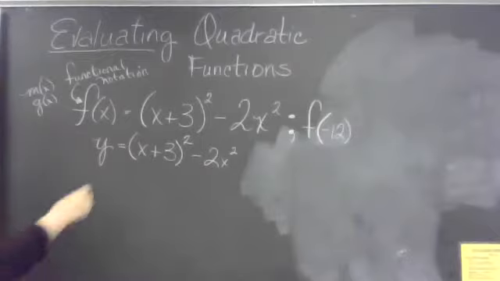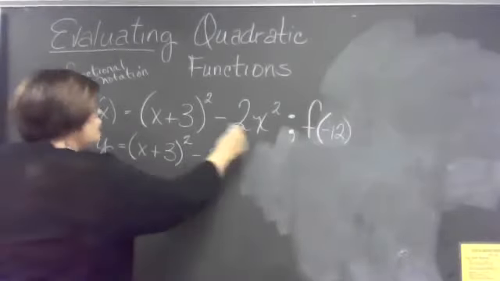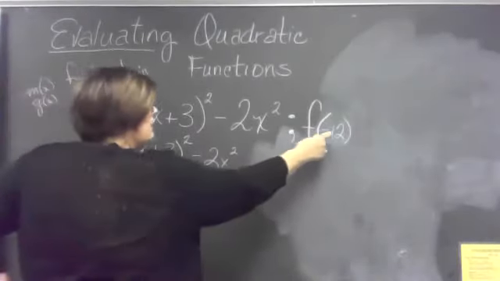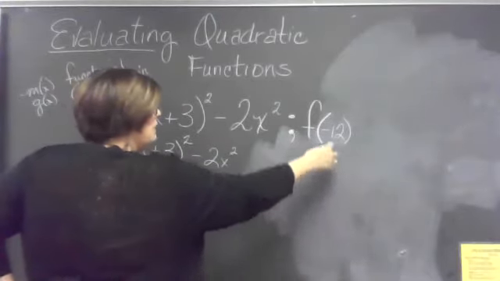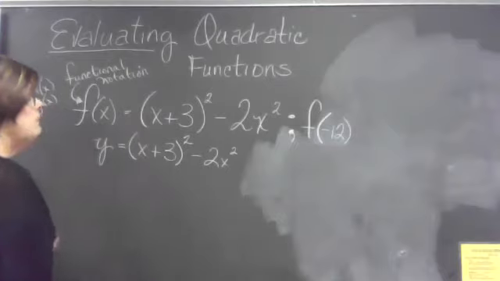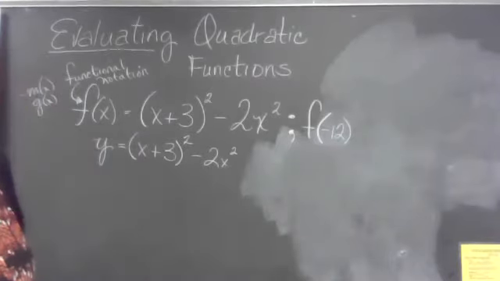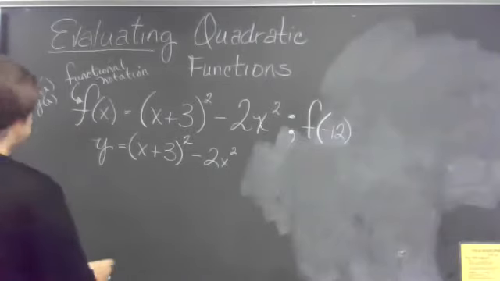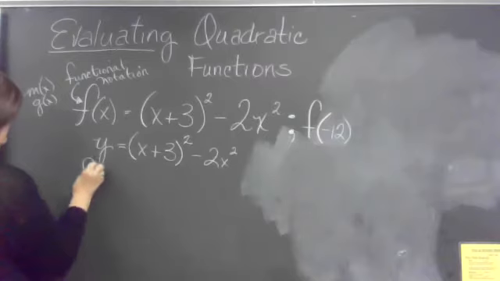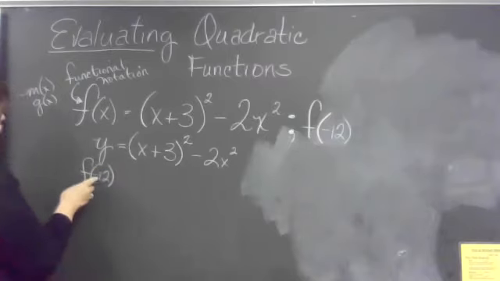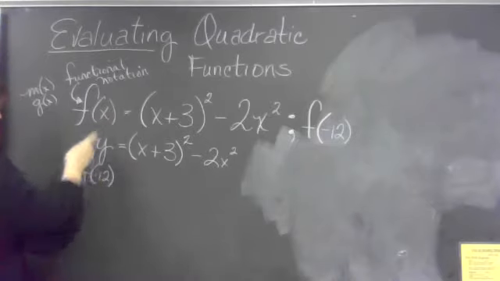This rule you could solve over and over again for when x is 7, when x is 3, when x is negative 12, when x is 0. So this is what they mean by this. What we do is plug in negative 12 everywhere there's an x. Negative 12 everywhere there's an x.